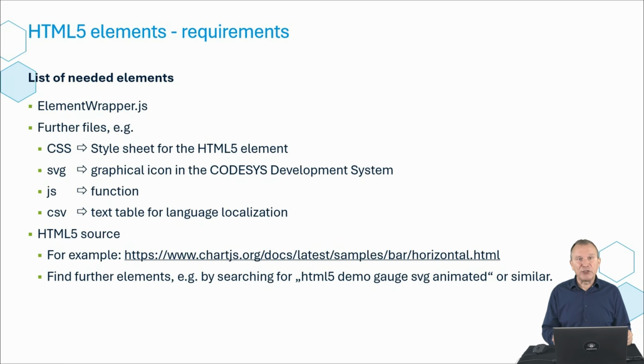Now, where do you get HTML5 sources or files? Look at the World Wide Web. There's one link already listed here. Or just search with your favorite search engine, for example, for HTML5 demo gauge with SVG animated or something similar.